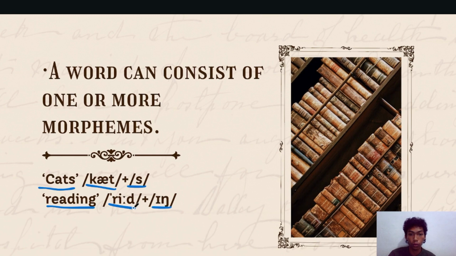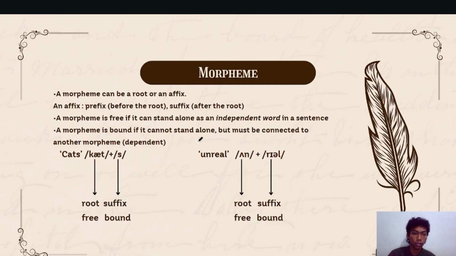It has two morphemes. In some words it's just one morpheme, like cat. A word can consist of one or more morphemes, not just one or two. It can be three.